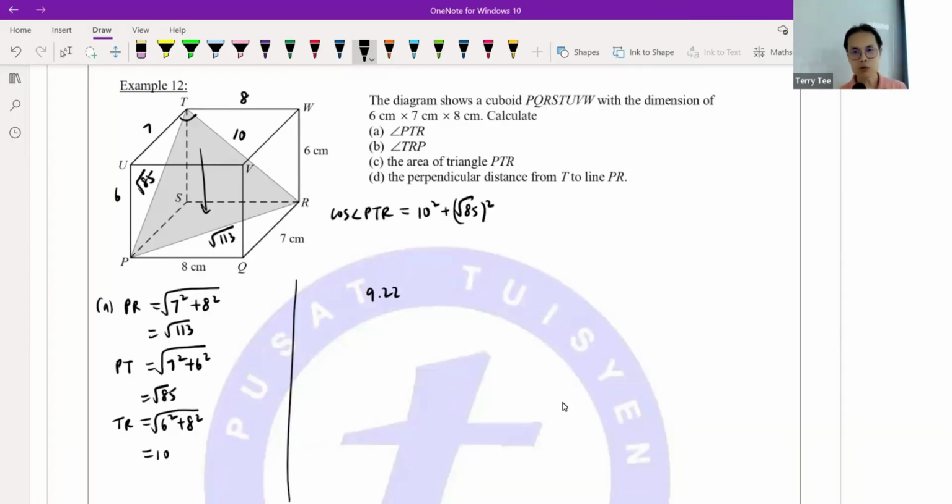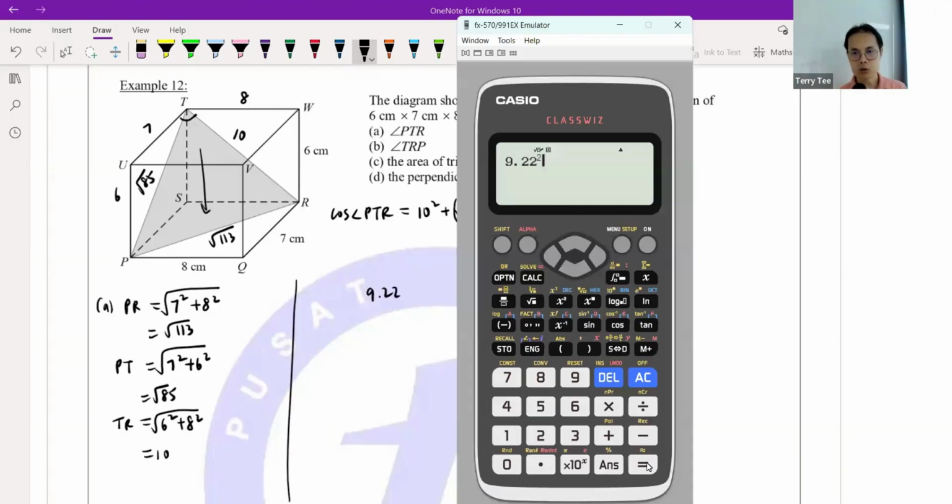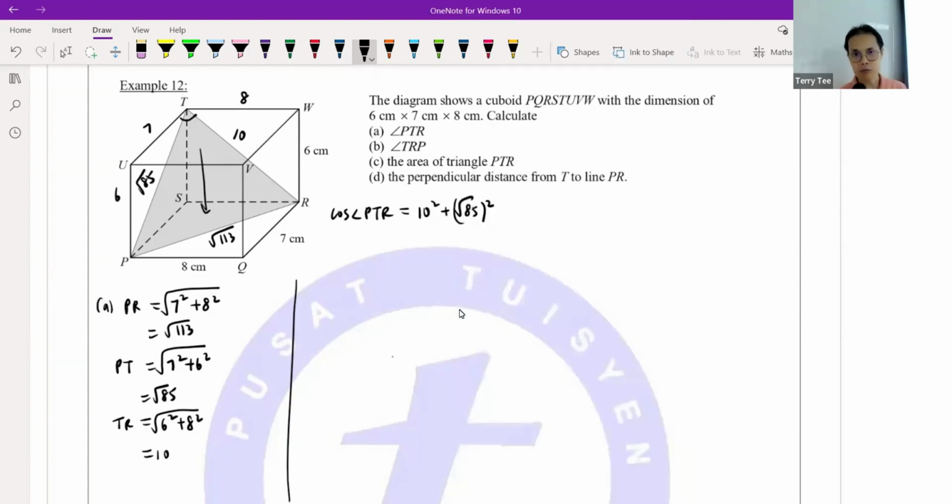Then if you take 9.22 and square it, you don't get 85. You get 85.0084. So don't bother about finding the square root of 85. Leave it in root form. Your opposite side is square root 113, you square it, divide by 2 times 10 times square root 85.